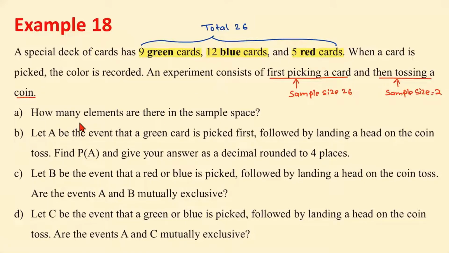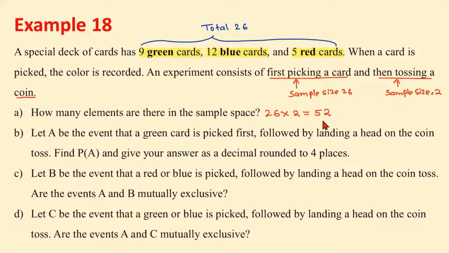Now, the first part is, how many elements are in the sample space for this experiment? While picking a card, we have 26, and while tossing a coin, we have 2. So that will be equal to 26 times 2, or 52. That means the total number in the sample space would be 52. So that is the first one.